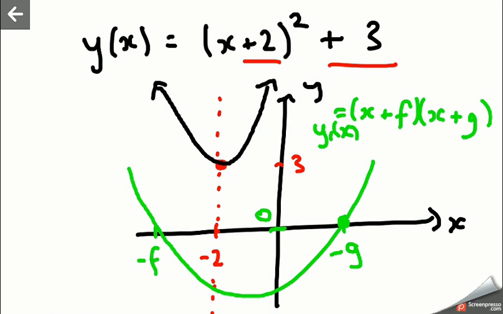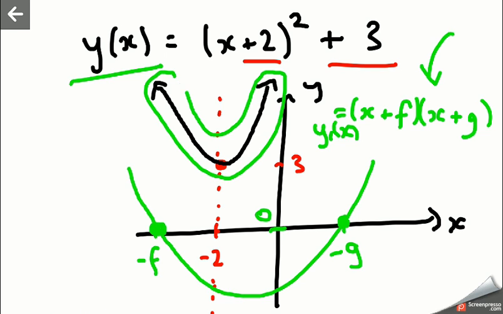And if I put -f into it, I'm also going to get 0. So if this parabola could be written in some kind of form like this, then its graph would cut the x-axis. Since it doesn't cut the x-axis, we know for sure it can't be written in that form.